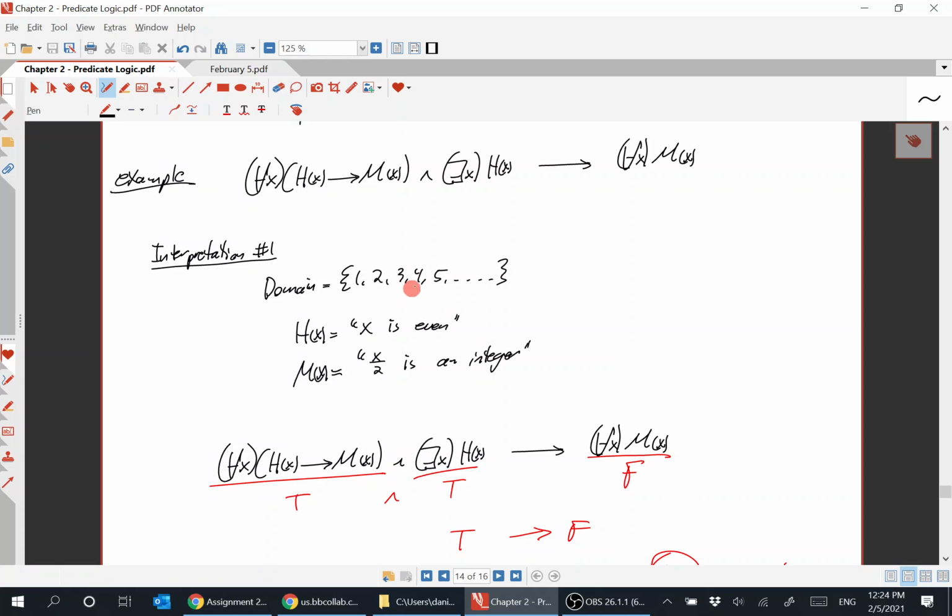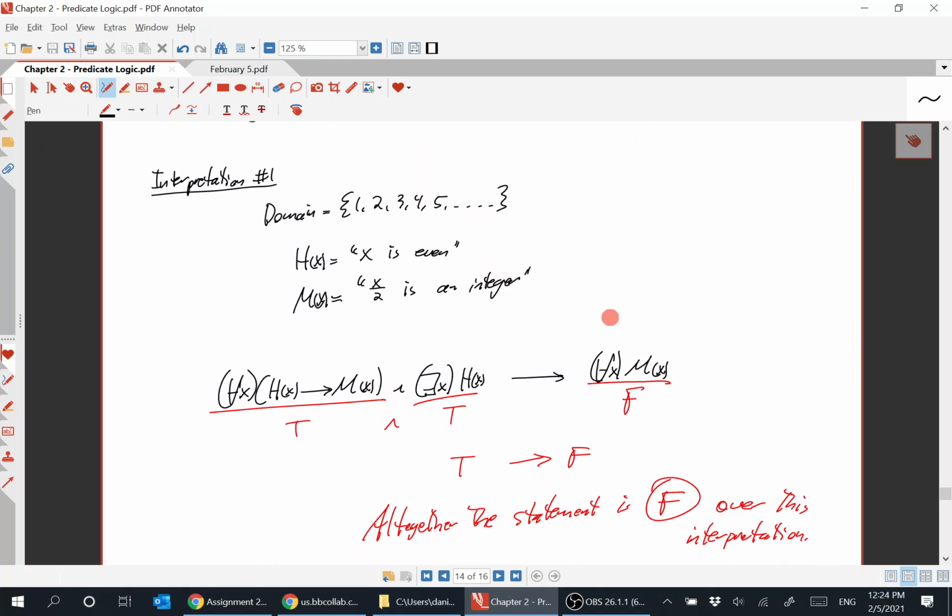So over the domain of positive integers, for every x, if x is even, then x over 2 is an integer. That's true. That's essentially the definition of what even is. And there exists x in the domain such that x is even. That's true. So together, this conjunction here is true.